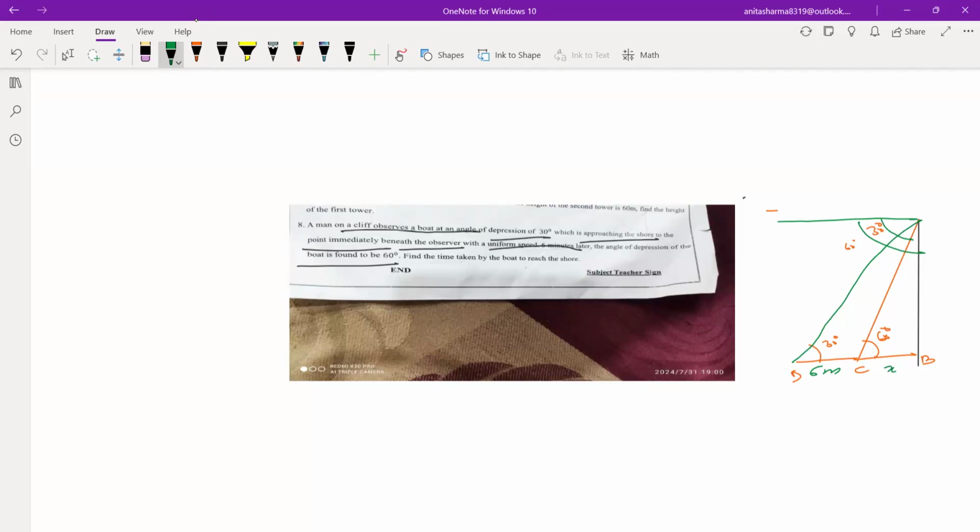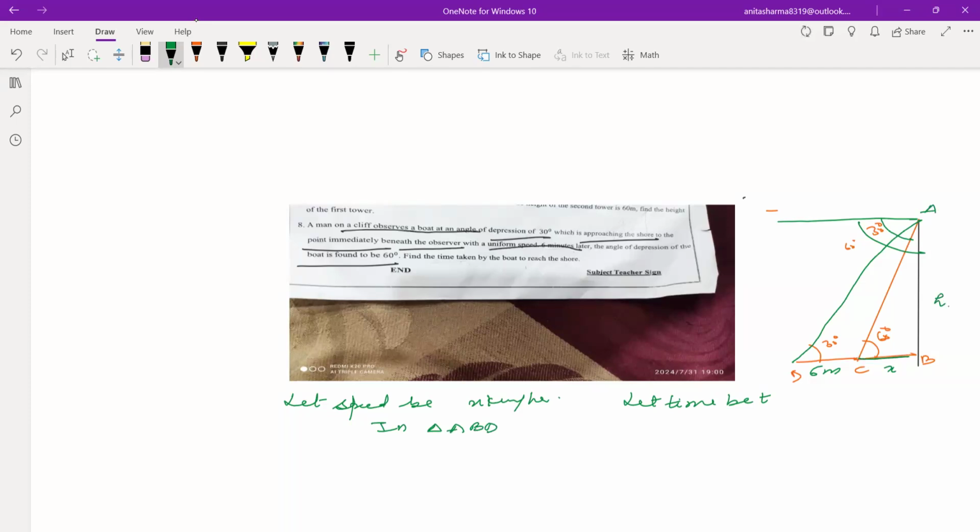So let the speed of the boat be x kilometer per hour, and time be t. Okay. So in this bigger triangle, triangle ABD, let h be the height of this.